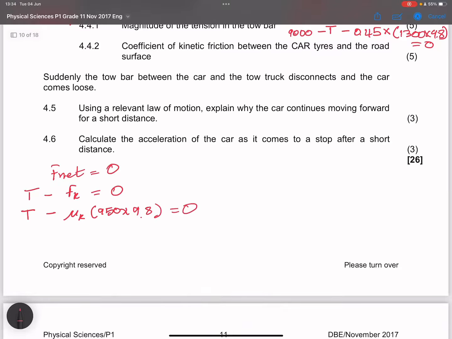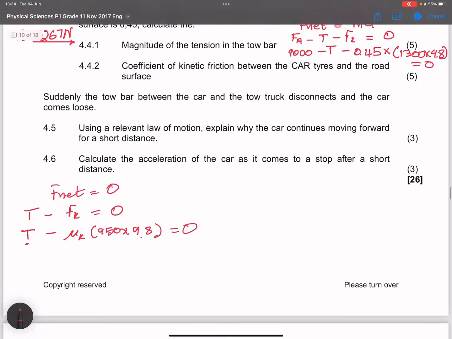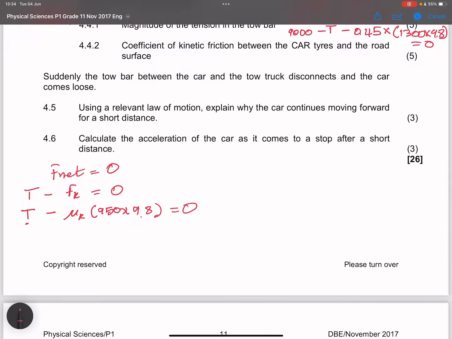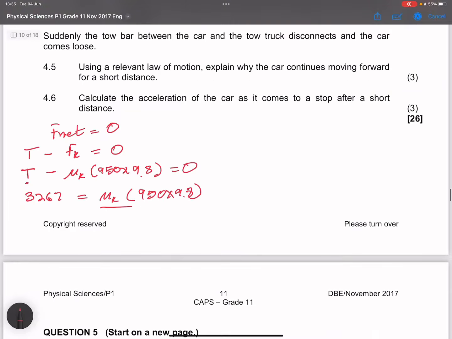Now note in this case, my tension for the car is exactly the one that we found there, 3,267. So if I take that, 3,267, this is equal to coefficient multiplied by 750 times 9.8. So we divide both sides by 750 times 9.8. What I do on the left, I do on the right.